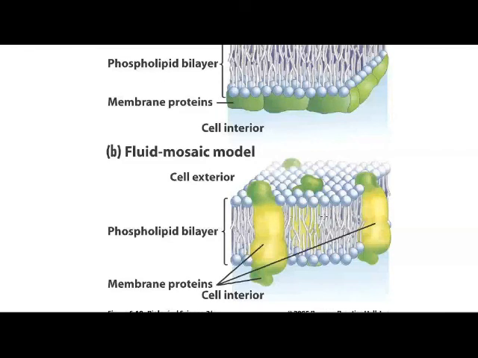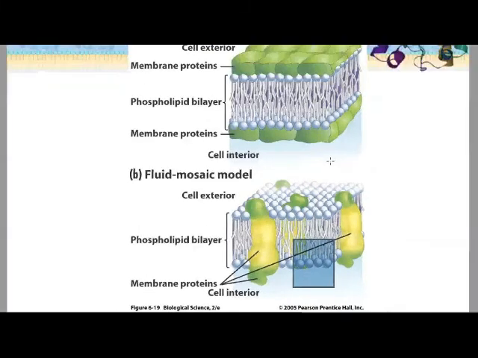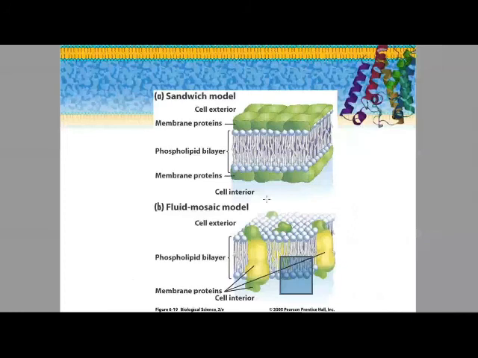Some other times, some proteins are just exposed to one side of the membrane. They can expose just a fraction to the outside, but not to the inside. Or some other times, proteins can be exposed to the inner environment, but not to the outside. Okay? Either way, there is an interaction between the protein structure and the phospholipid bilayer, but in a different configuration.